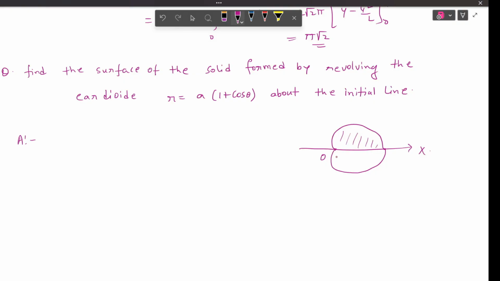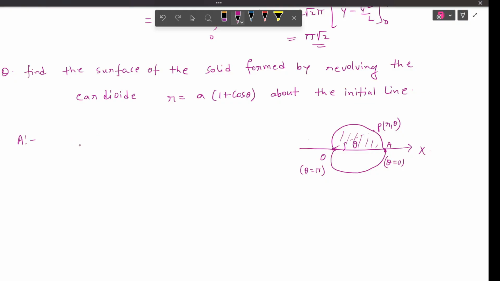Now in polar form, this is your theta equals 0, and this is your theta equals pi. This is the point P, (r, theta) in polar form. This is your theta.